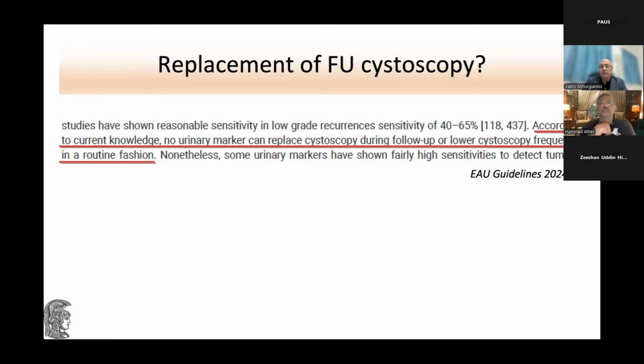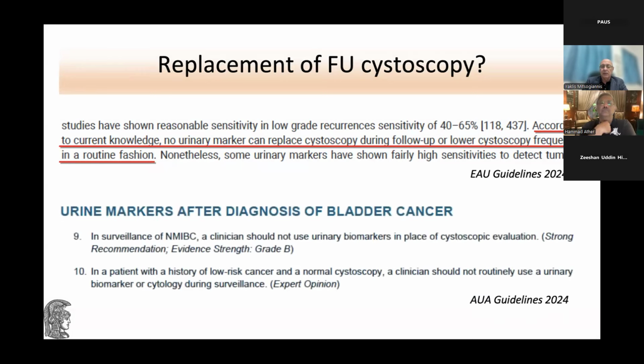This is from the EAU guidelines, and the AUA guidelines also say that clinicians should not use urinary biomarkers in replacement of cystoscopic evaluation of patients. So I think we're not at the level that we should replace cystoscopy with something less invasive.